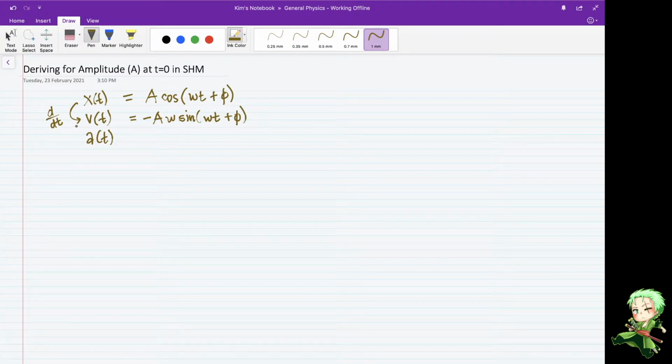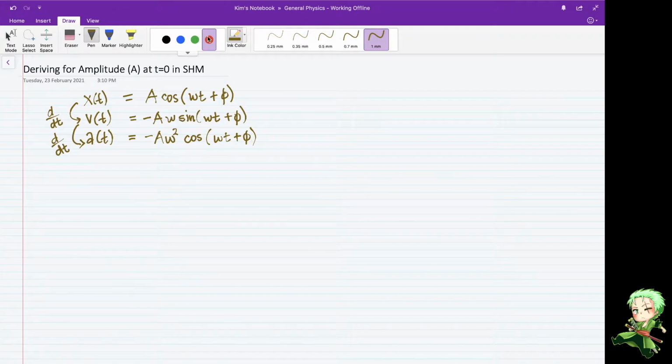And so is the process done on the acceleration as a function of time. So you simply take the derivative with respect to time, so you will get negative A omega squared cosine of omega t plus phi.